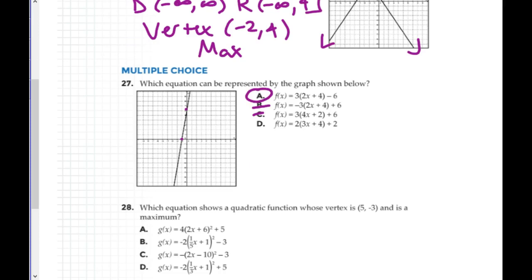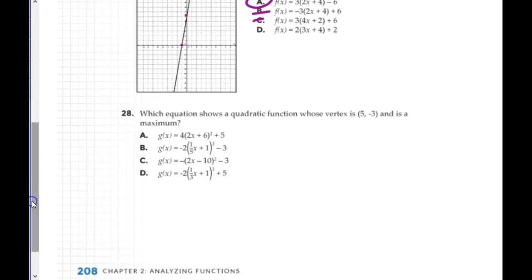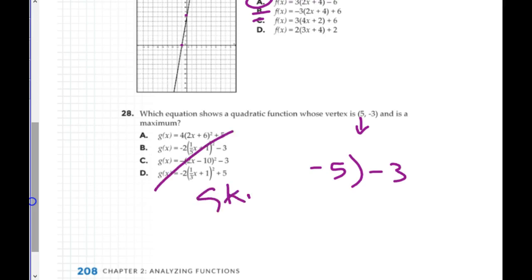Again, you can graph it, check the graph, what matches. Which equation shows the quadratic function with vertex (5, -3)? So remember, it's going to look like a minus 5, and then a minus 3. So we're going to skip this one.